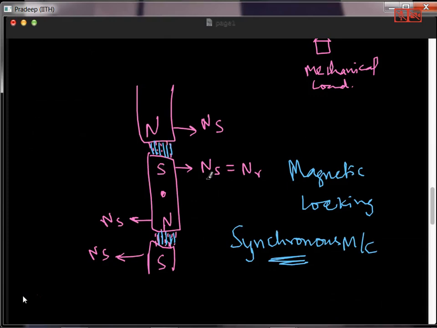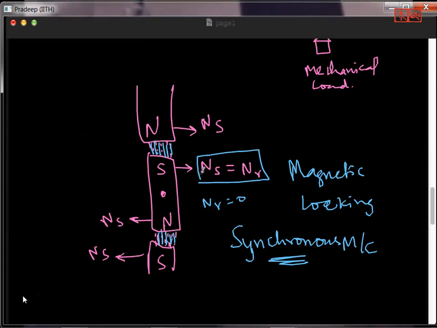Either ns equals nr, or nr will be equal to 0; it does not rotate. Whereas the induction machine is different. An induction motor actually slips. The synchronous speed may be 3000 rpm and the rotor speed may be 2900 rpm or so. So there could be a slip concept, but here there is no concept of slip. Either the rotor rotates at the synchronous speed or it doesn't rotate at all.